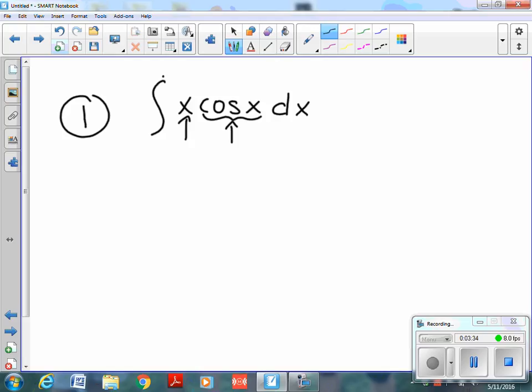If there are two different functions inside the integral, you need to use tabular integration. You're going to make a little table. You're going to find the derivative of the first one, and you're going to integrate the second one. I'm going to start out with x, and I'm going to copy down cosine of x. The derivative of x is 1, and the derivative of 1 is 0.